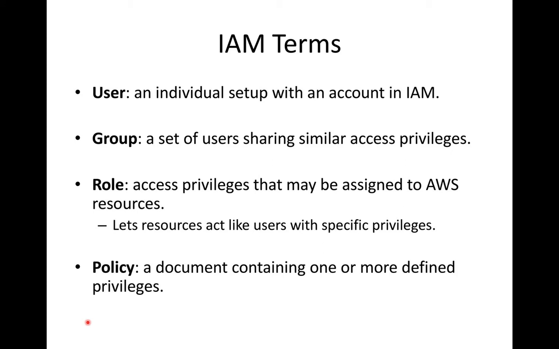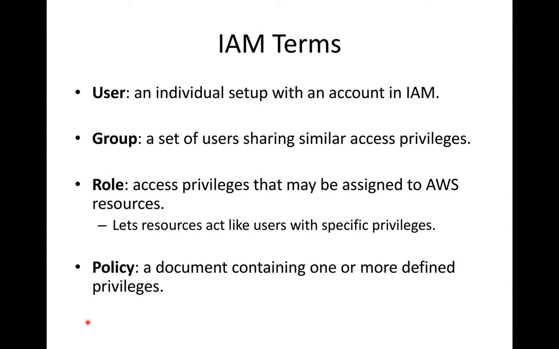A role is an access privilege or a set of access privileges that can be assigned to AWS resources. Roles are really powerful within AWS. You can assign a role to something like an EC2 instance, and you can give that EC2 instance access to other AWS resources.